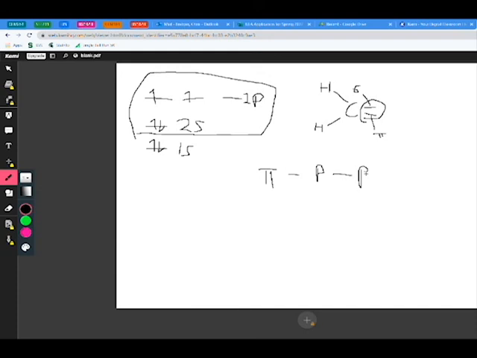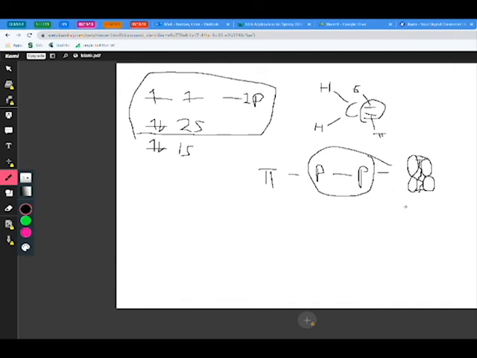So when you have 2 p orbitals that are side by side, meaning the sides of these dumbbells are the ones that are going to be overlapping and interacting, these sides make up that pi bond right there.